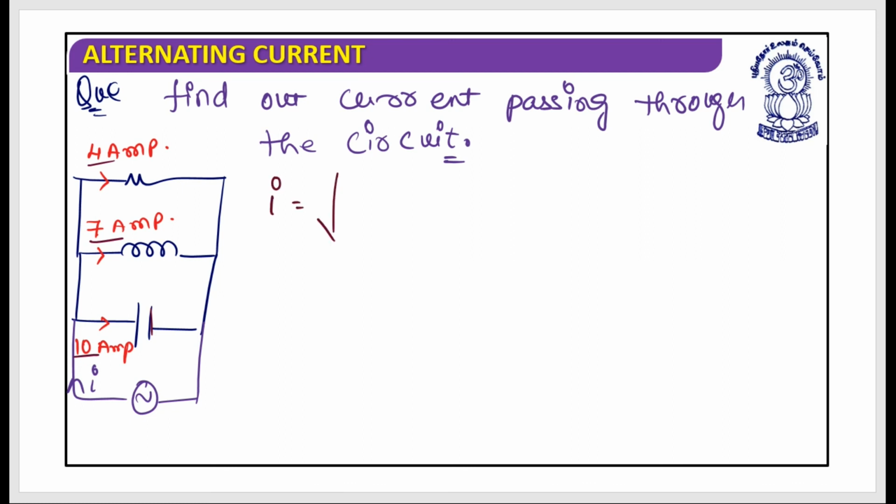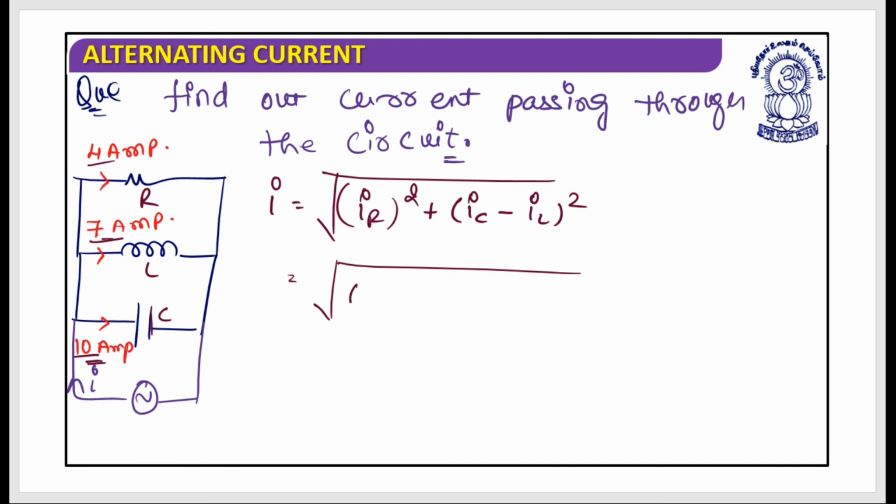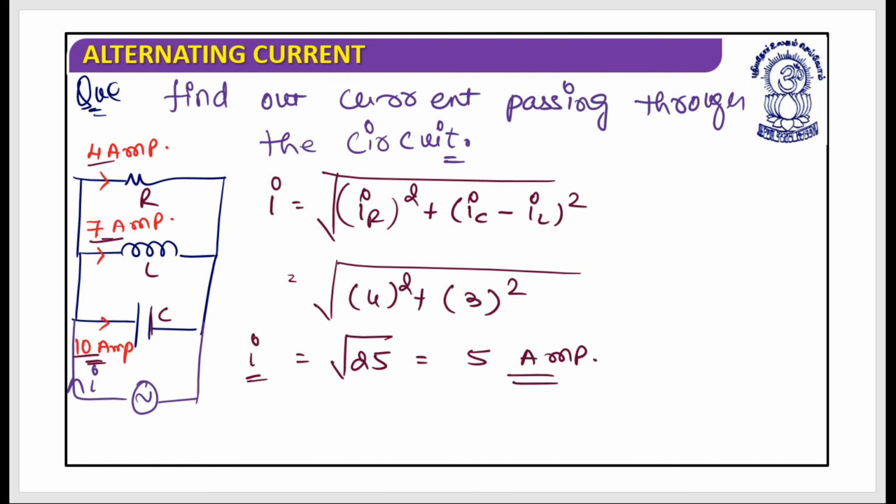So in this situation, as IC is greater and IL is lesser, it should be given as the root of IR square plus (IC minus IL) whole square. That equals 4 square plus (10 minus 7), which is 3 ampere. So it's 16 plus 9, which is root of 25, which is 5 ampere. This is the current that has been passed through the circuit.